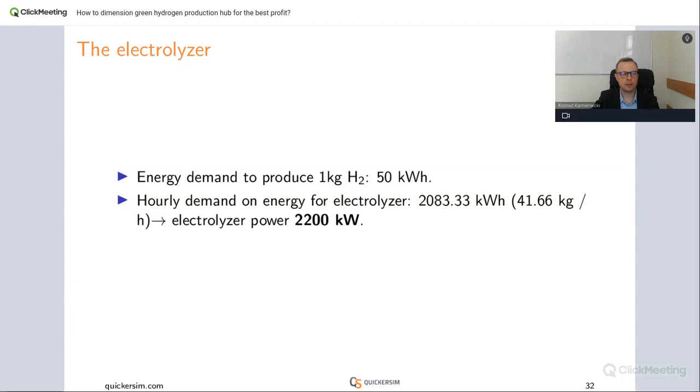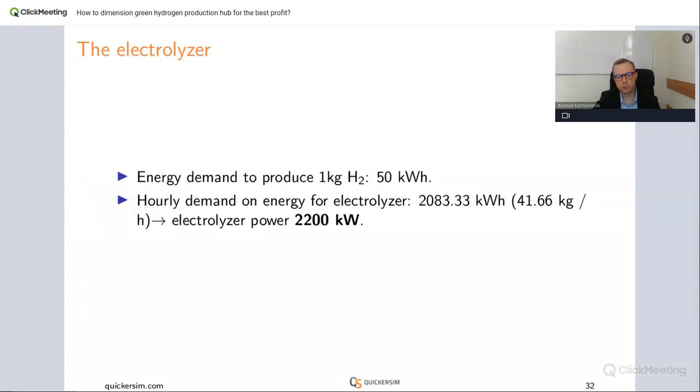Let's start with dimensioning the electrolyzer first. Because we know how much hydrogen we want to produce, based on that we can adjust the size of our electrolyzer. And more or less, based on literature data or talking with some electrolyzer providers, I know that the energy needed to produce 1 kilogram of hydrogen is more or less 50 kilowatt hours.